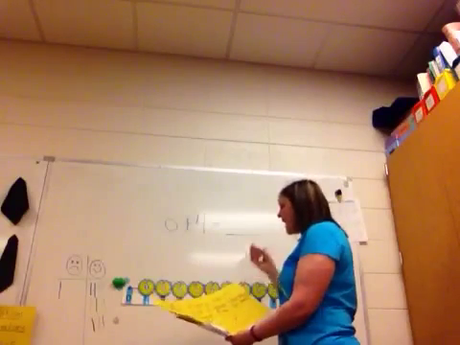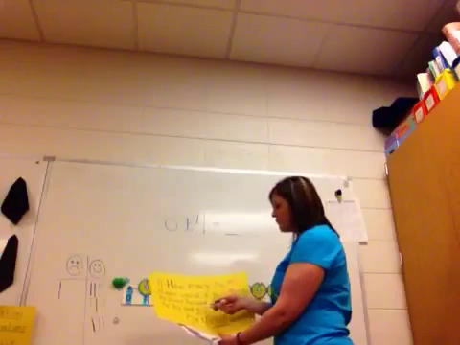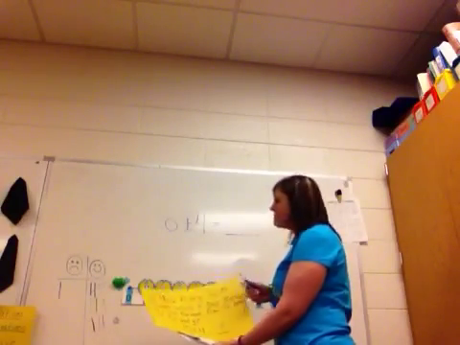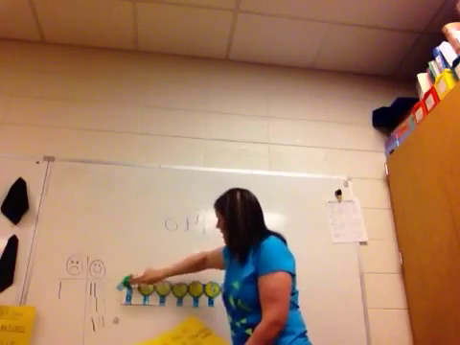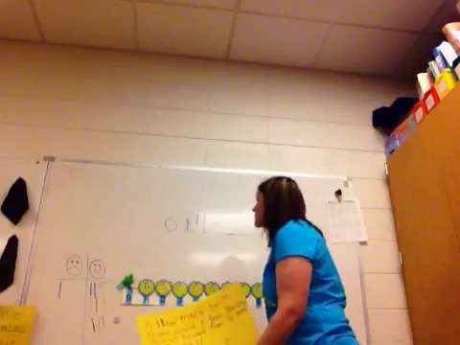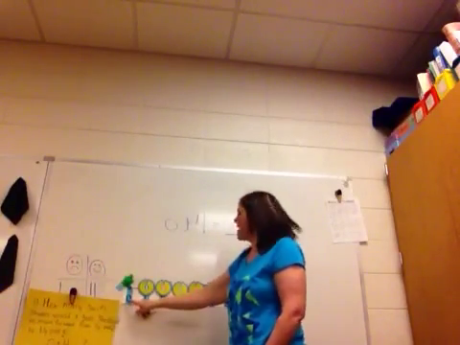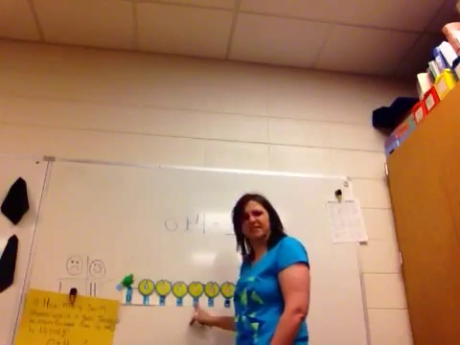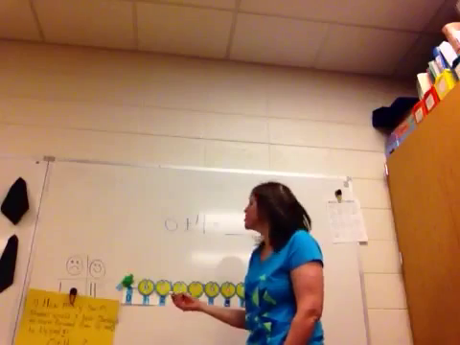It says, how many swim strokes would it take Sheldon to move forward from lily pad 0 to lily pad 4? Okay, so if he's on lily pad 0 and he wants to swim to lily pad 4, let's do the work and show.